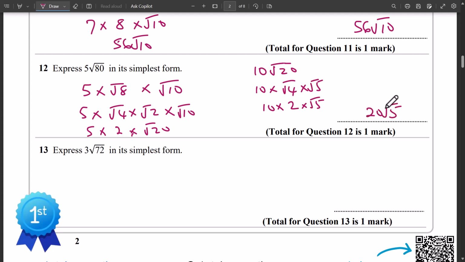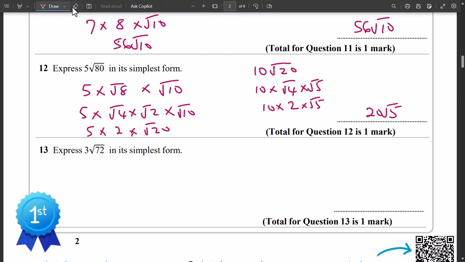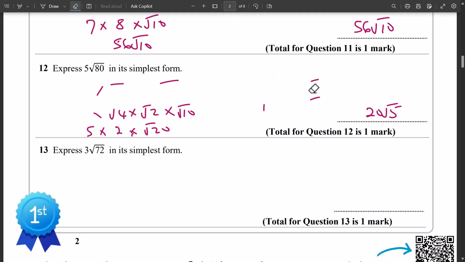Now, the reason why this is kind of long is because I should have used a factor number that was easier to work with, maybe like 16 and 5. That would have been a lot easier. Let me just show you. Suppose I use 16 and 5 for this, then you will see why it can be shorter and still give me the same answer.